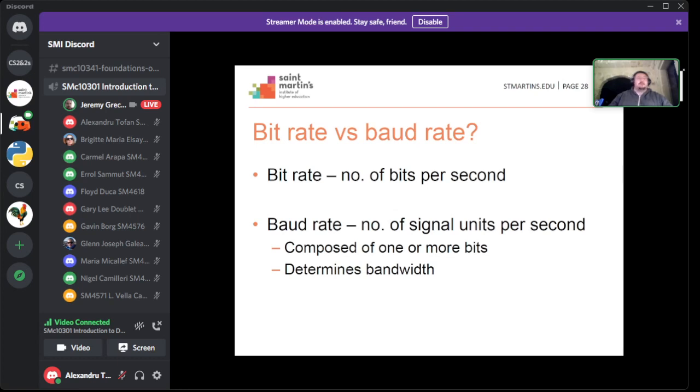Now, obviously, with systems becoming more and more dependent on telecommunications, that bandwidth might have been used up, and therefore we start moving on to other newer technologies, which will allow for a greater bandwidth.